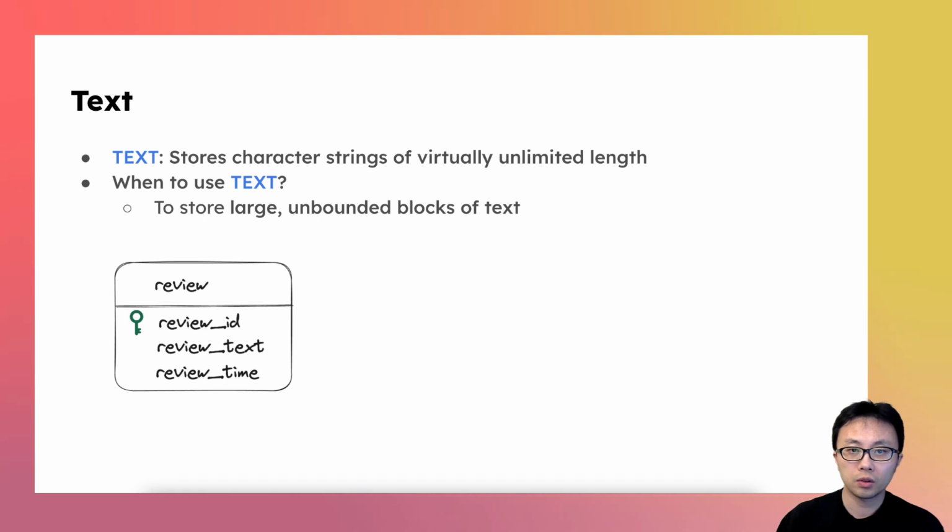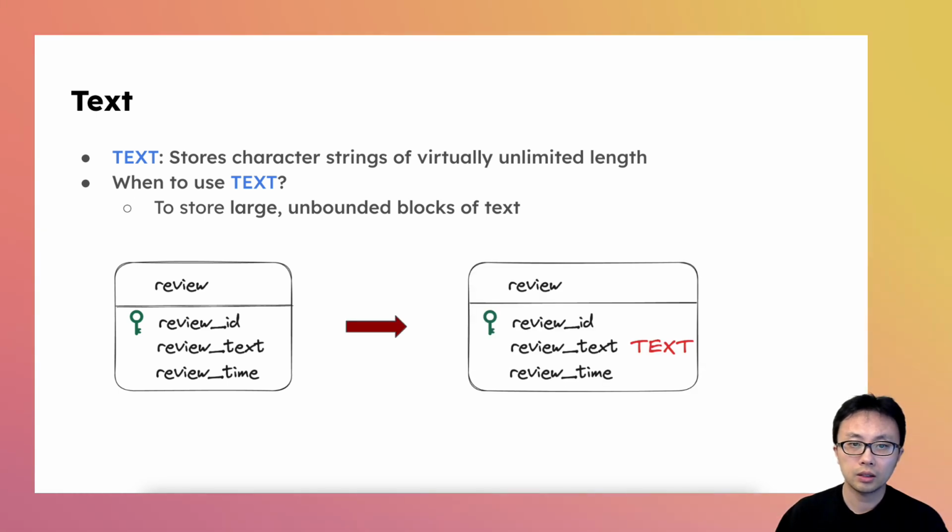Think about the review entity from the Sci-Fi Collective database. If you ever read some reviews on Amazon, they can be very verbose and long, but they can also be very short, as short as a single word. Its maximum length cannot be easily estimated, so in this case, text is the best choice for its data type.